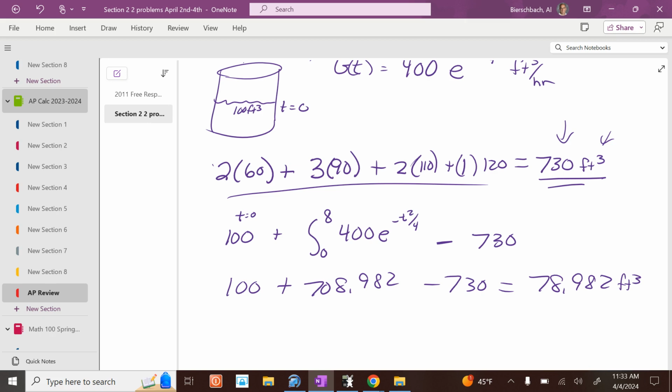You have to show to a certain extent what's going on. If you just give the answer with none of this work, you'll still get... Did you have anything about 100 or 730 in there? Yeah, so then that's fine.